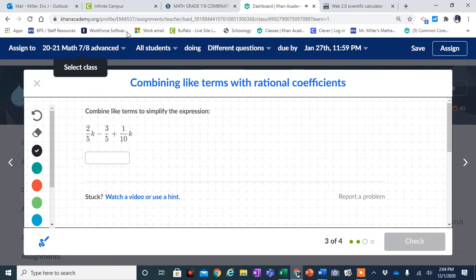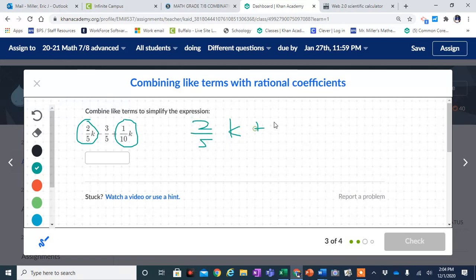Okay, combining like terms again. So we have to combine the k with the k. So that means this is going to be 2/5k plus 1/10k. This would then have to get multiplied by 2, it's a parenthesis.